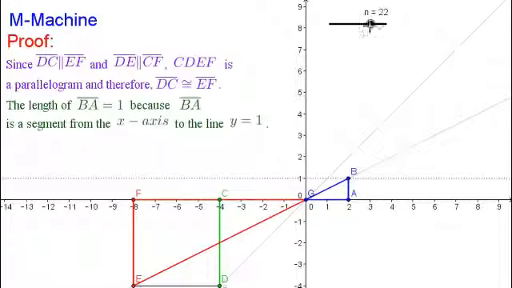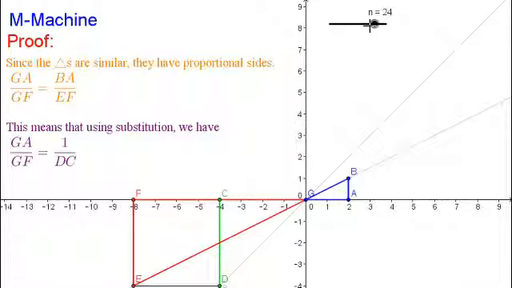This means that using substitution and the information we've already gone over, we have segment GA over segment GF, this ratio stays the same, is equal to 1, because the distance from B to A is 1, over DC. We previously stated that segment EF and segment DC were congruent, so we can substitute.